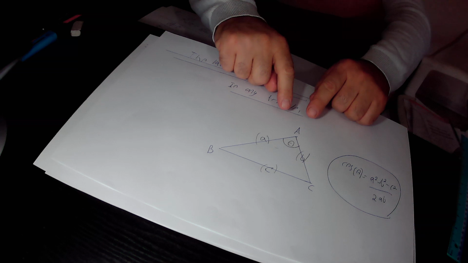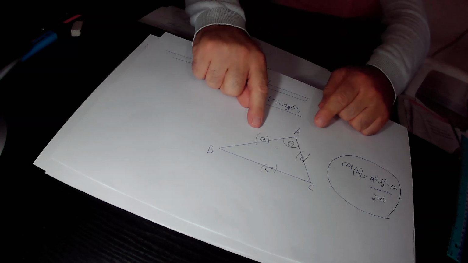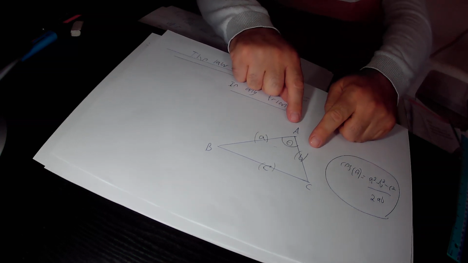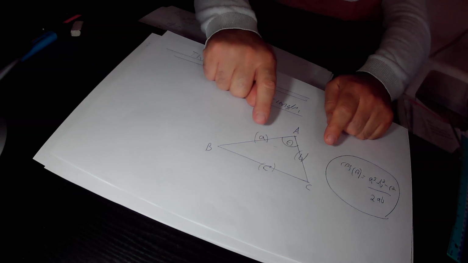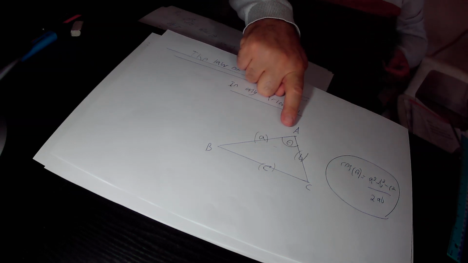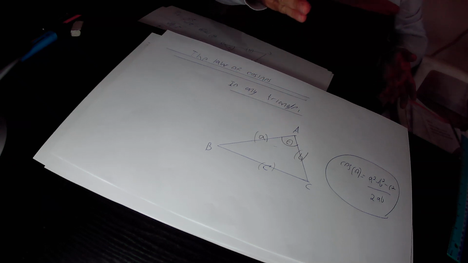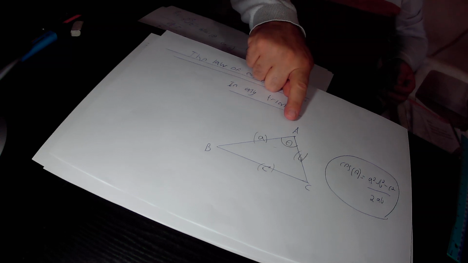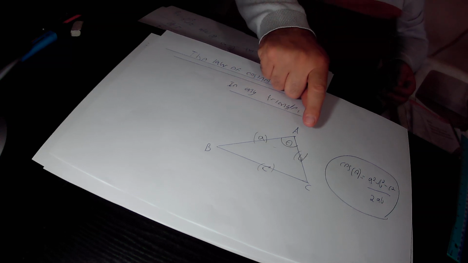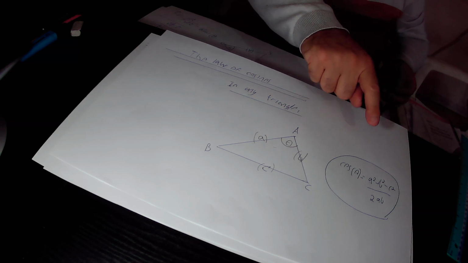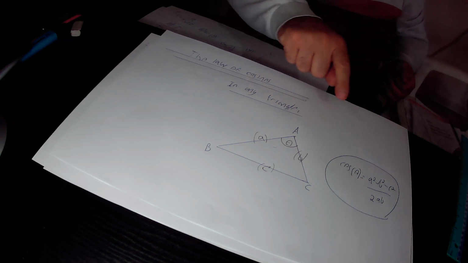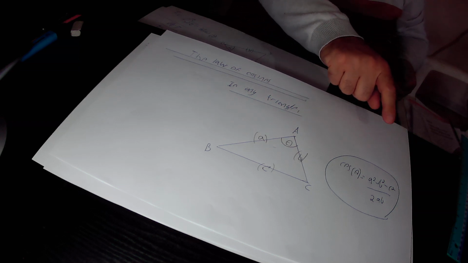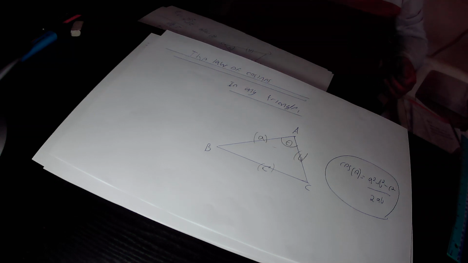We know that side AB is c, side AC equals b units, and side BC equals a units. This is angle BAC, and its size is theta. So according to the law of cosines, cosine theta equals A squared plus B squared minus C squared over 2 times A times B.